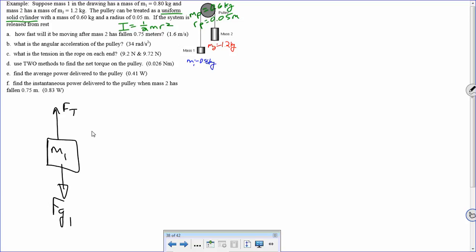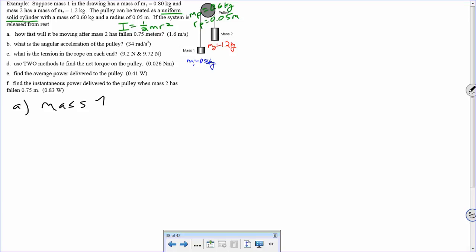Okay. So, instead of saying it, let me show you. All right, so let's do this. So A. Let's focus on mass 1 for a minute. Let's find the change in gravitational potential energy for mass 1. Okay? So let's see. Gravitational potential energy is mgh, right? So our mass is 0.8 kilograms. g is 9.8 meters per second squared.